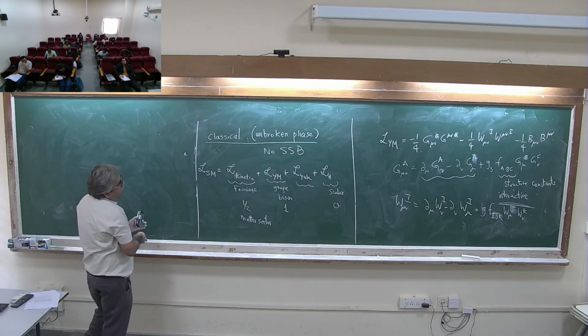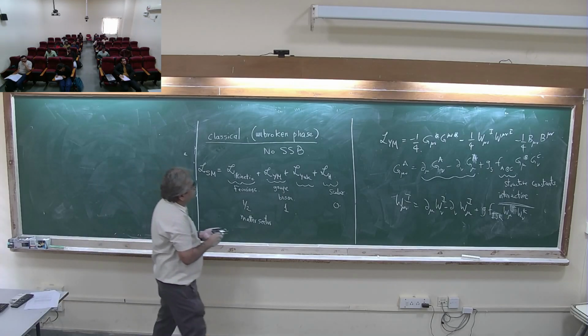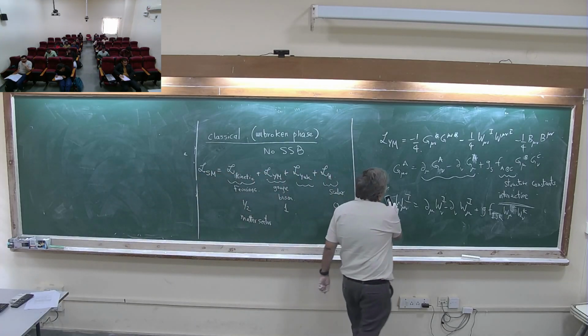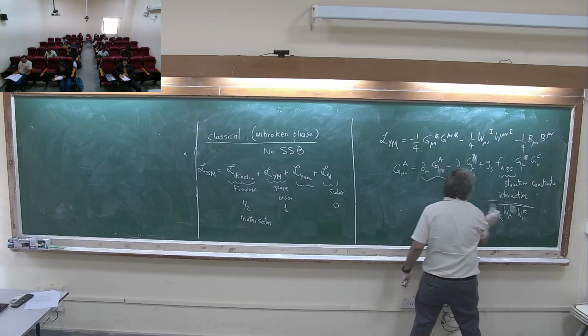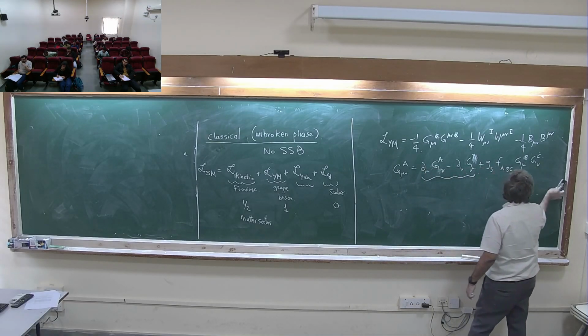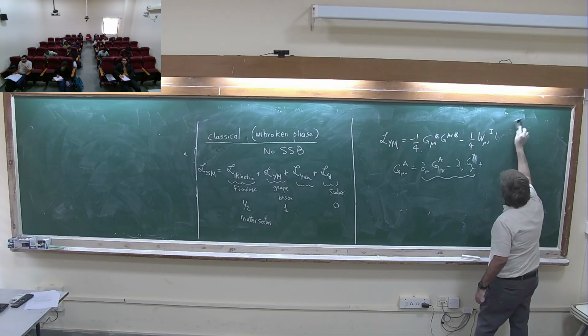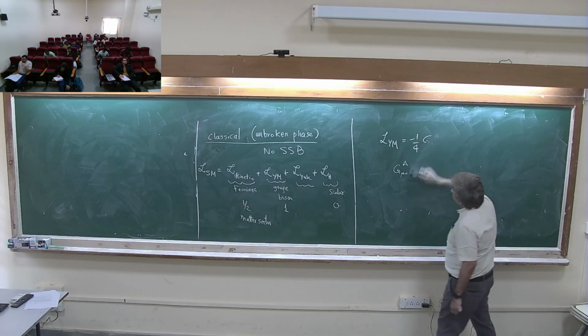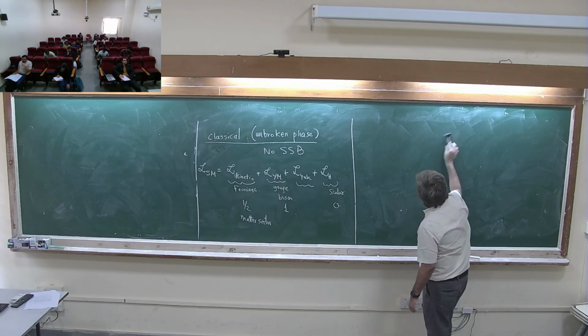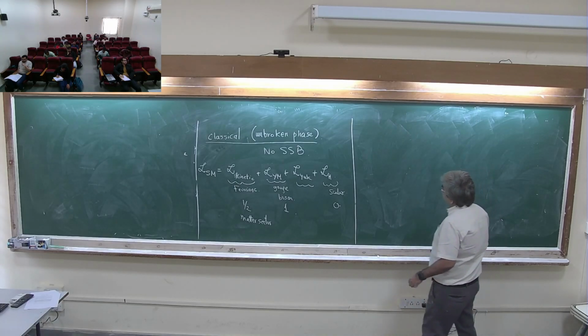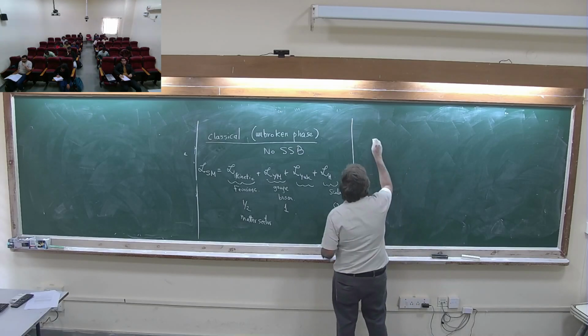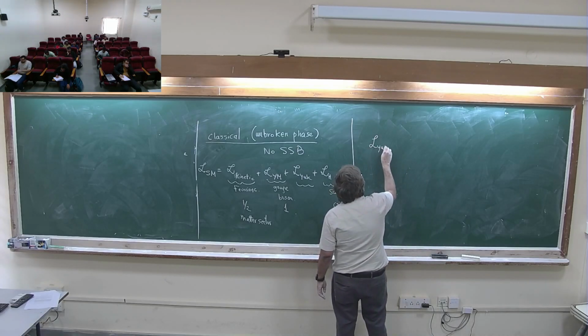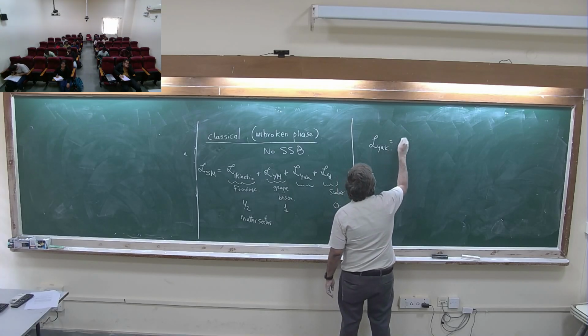So the next one is the Yukawa. So from now we have the Higgs part only. There are three Yukawa matrices in the Standard Model. One for the octet quarks.